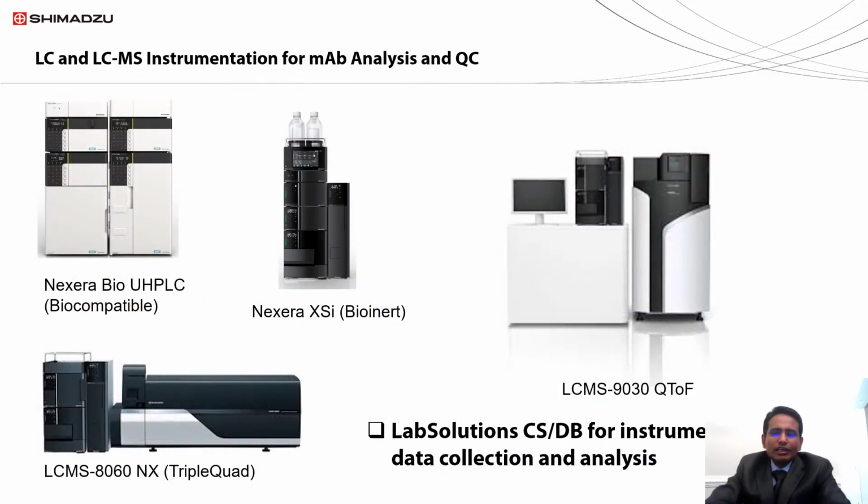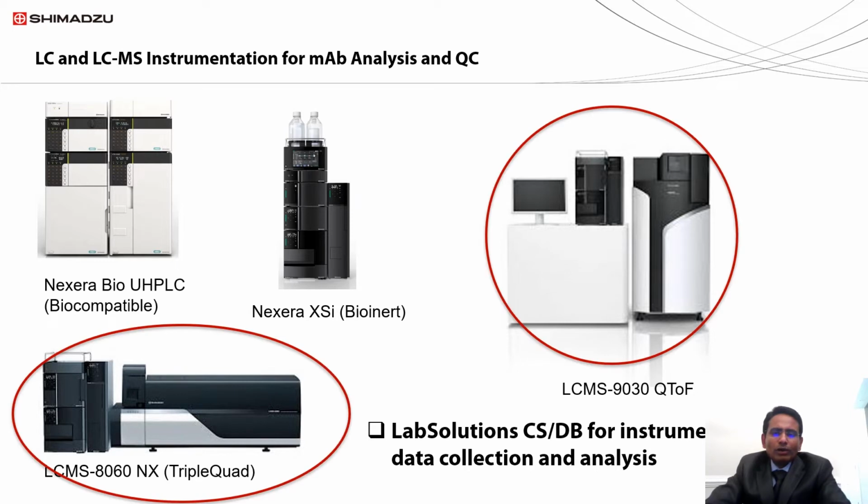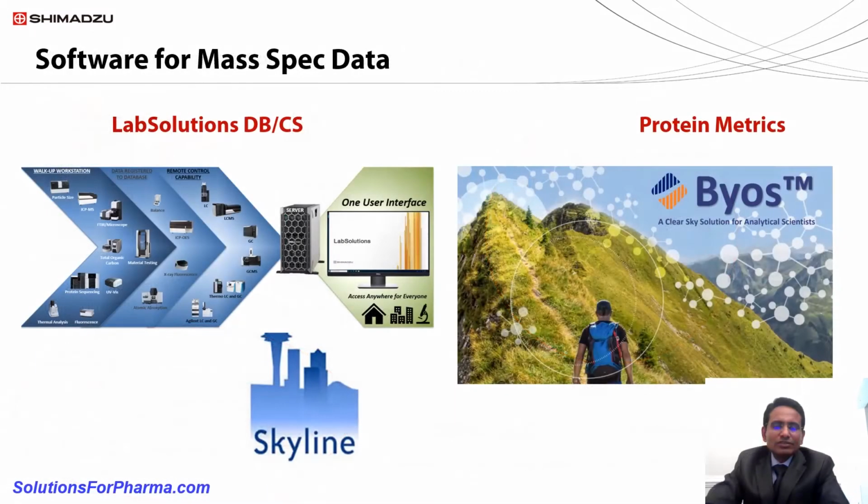This is again our complete portfolio of instruments, but I am going to talk about the data analyzed by LCMS 9030 QTOF and LCMS 8060NX triple quad. We use three softwares for the analysis. One is LabSolutions DB or CS. LabSolutions DB can be used for single instruments and single computers.